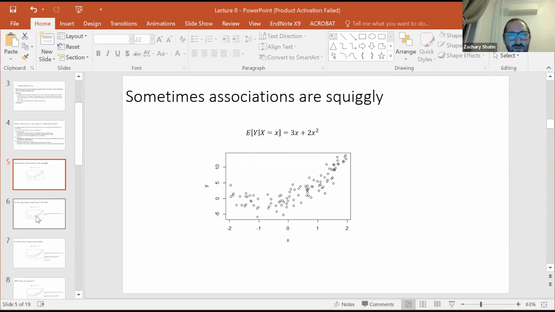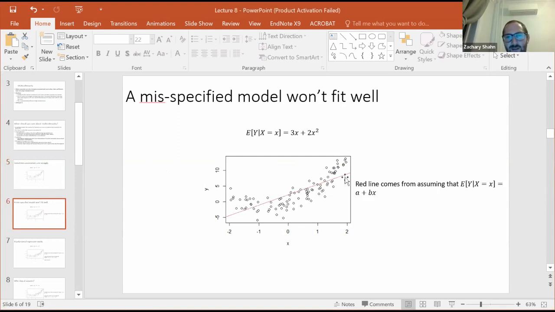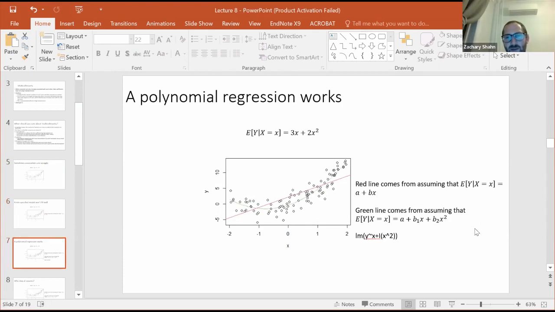And if you fit a linear regression to it anyway, assuming that it is linear in x, then the fit won't be good. So we've also talked about how you can do a multiple linear regression where you create another predictor, x squared. So you have 2 predictors, x and x squared, and fit the regression of y on x given those 2 predictors. That's the green line here, and that fits well.